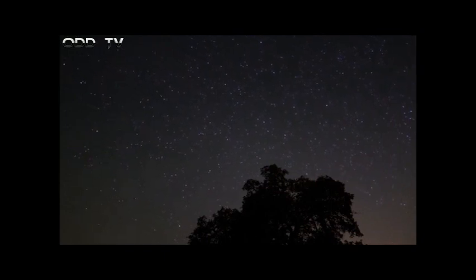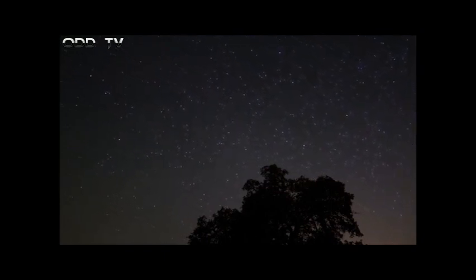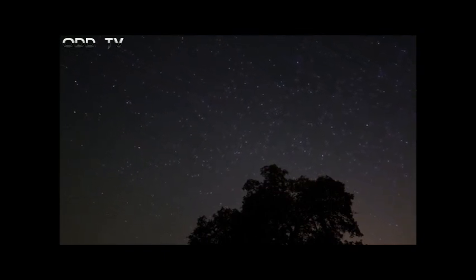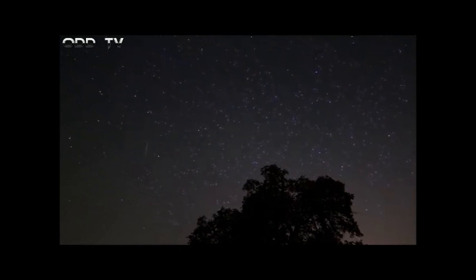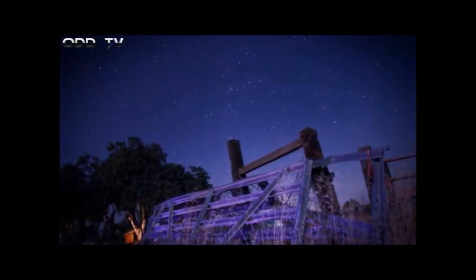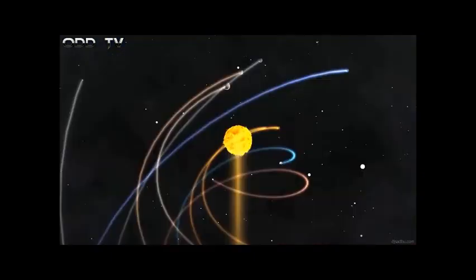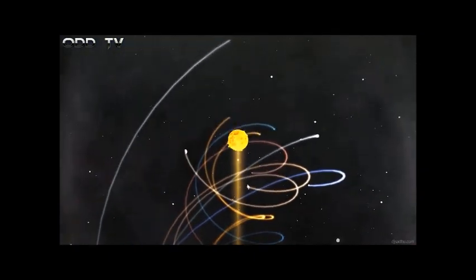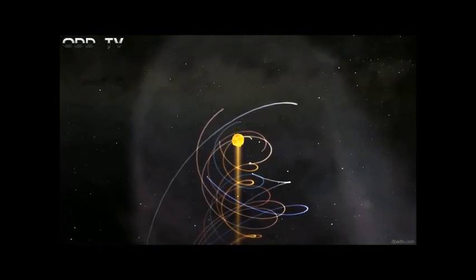Now, let's have a look at the stars. When you look at the time-lapse videos of the stars, they all move uniformly. This might make sense on a spinning globe if the only thing we were doing was spinning. However, mainstream science not only tells us that the Earth is spinning at 1,000 miles per hour, but we are also told that we orbit around the Sun at 67,000 miles per hour.